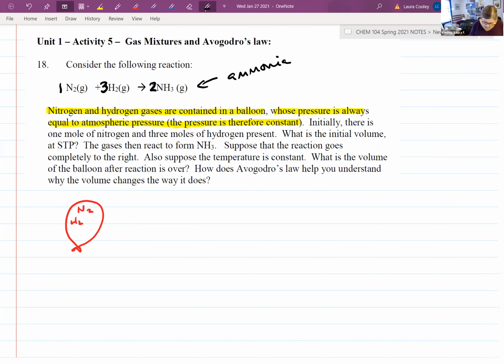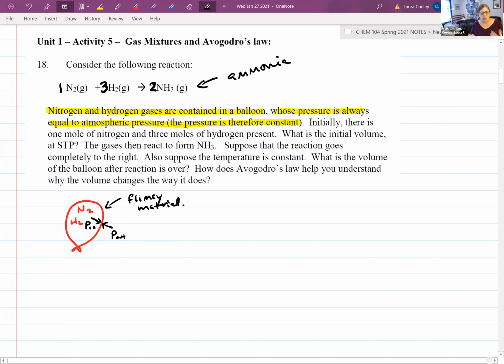And what you have here is the balloon is made of a very sort of weak and flimsy material. Okay, at least to a first approximation. So what that means is that it really has no ability to contain a higher pressure inside of it. So we say that the pressure inside and the pressure outside are the same because of the material in that flimsy balloon.